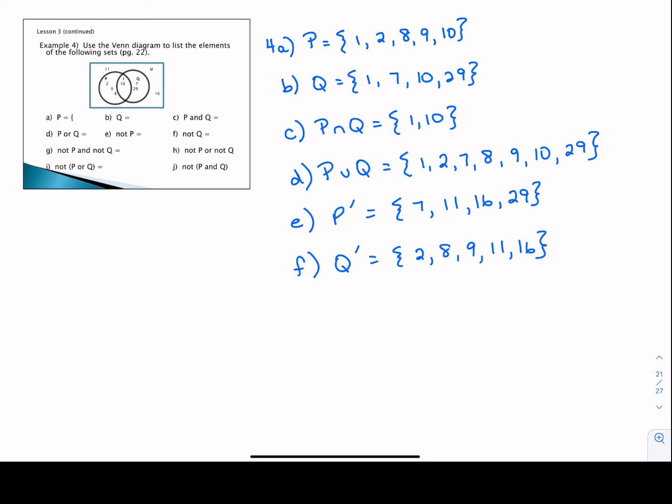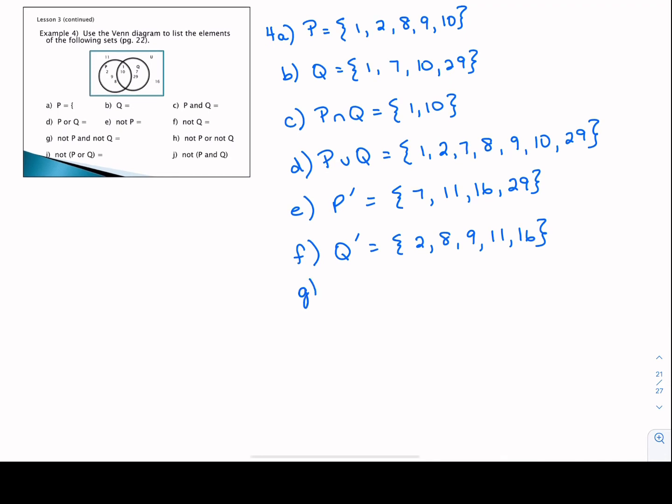Part G is going to take a little bit of work as well. So if in this case we want not P and not Q, we can write it like this. So not P, or the complement of P, and not Q. So good thing is we already have not P and not Q right above in parts E and F. So if we find the intersection between those two sets, what we recognize is that 11 is common to both of those.